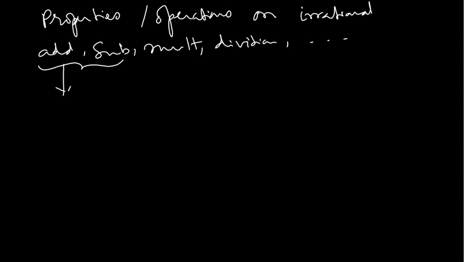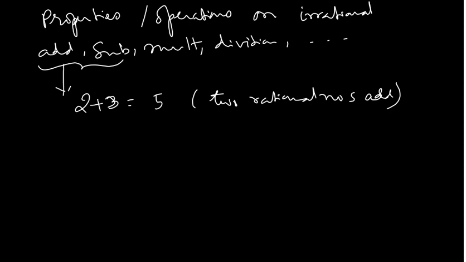So when you represent 2 plus 3, we know it is 5 because you are adding two rational numbers. But if I have to add 2 plus root 3, without actually finding anything out, its answer is 2 plus root 3.